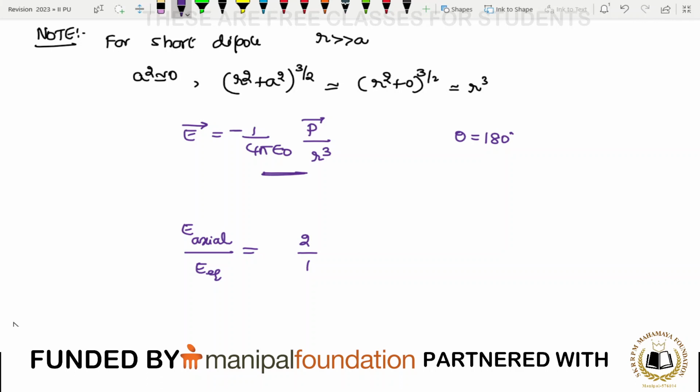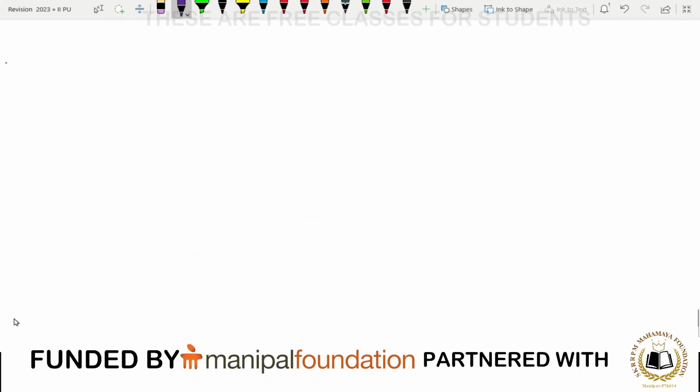So two more questions we are going to discuss from this chapter that are based on Gauss law. Okay, so the next possible question. State Gauss law.